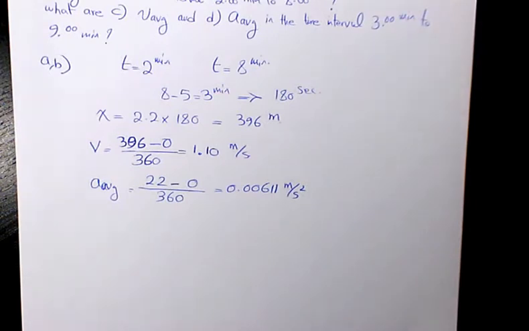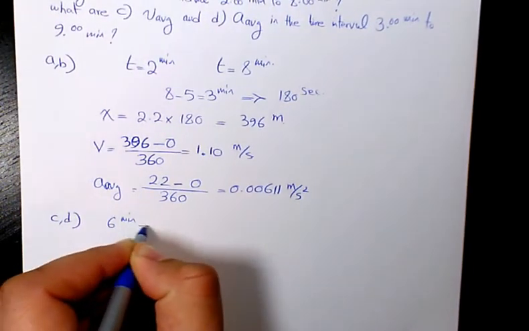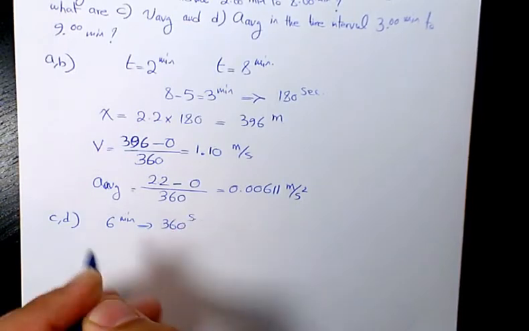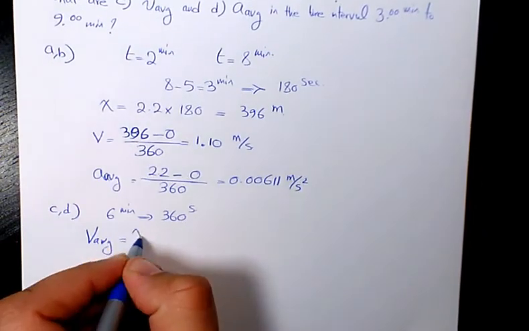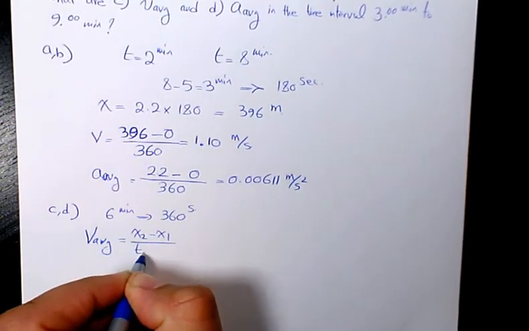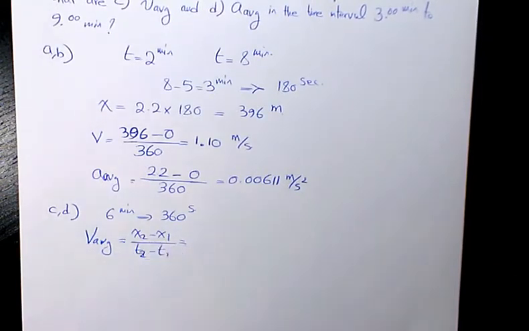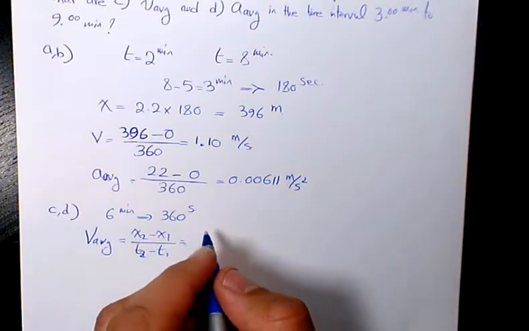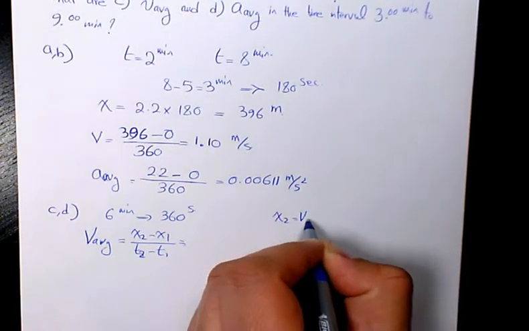Now in part C, it says what are the average velocity and average acceleration in the interval of 3 minutes to 9 minutes. So from 3 minutes to 9 minutes, we have 6 minutes again, which is 360 seconds. So average velocity is again x2 minus x1 divided by t2 minus t1. x2 will be velocity times time.